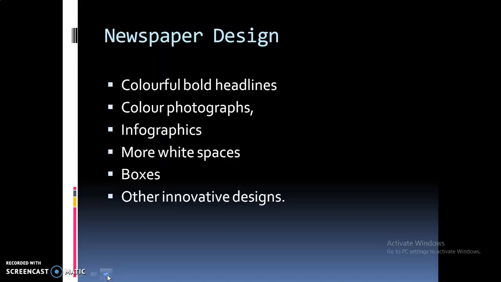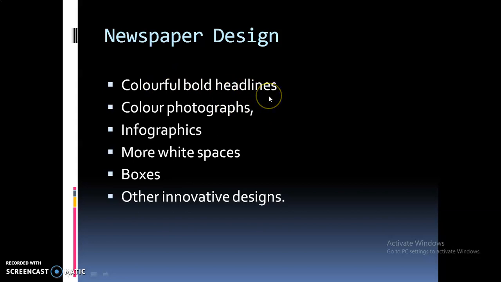So one might have noticed the recent changes in the appearance of our newspapers. What are the visible changes intended to satisfy readers' expectations and to compete with rival newspapers and other media? Can you guess? So the first is colorful, bold headlines.